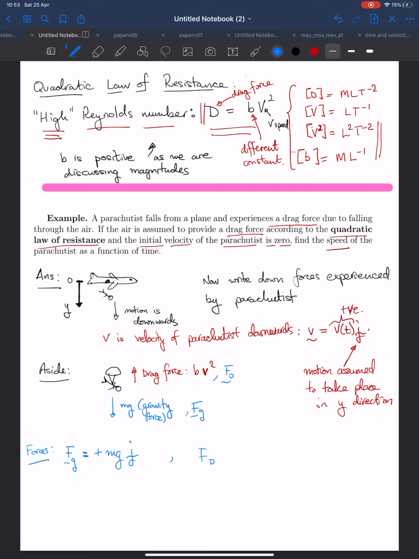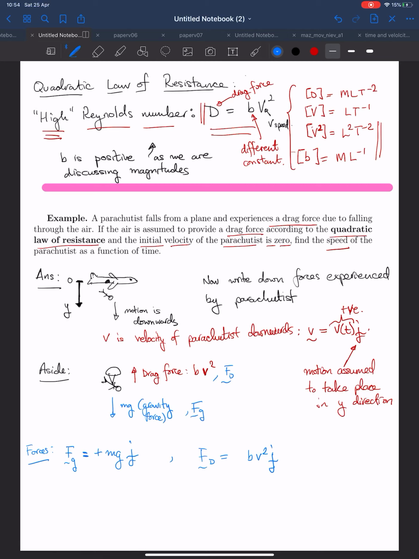Fd, the drag force, is then, well, what? It has magnitude bv squared. Remember that this b is positive. Then we have j, y again. The drag force always opposes the motion. Remember from a couple of lectures ago, we said that if you have an object moving with some speed v in a particular direction, the drag force is the force that opposes this motion.